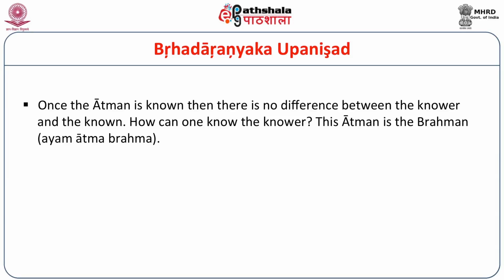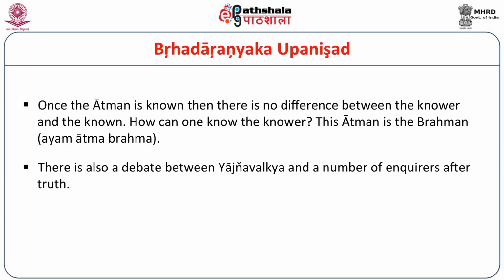The polarity between the subject and object vanishes. How can one know the knower? This Atman is the Brahman. I am Brahman. There is also a debate between Yajnavalkya and a number of inquirers about truth.